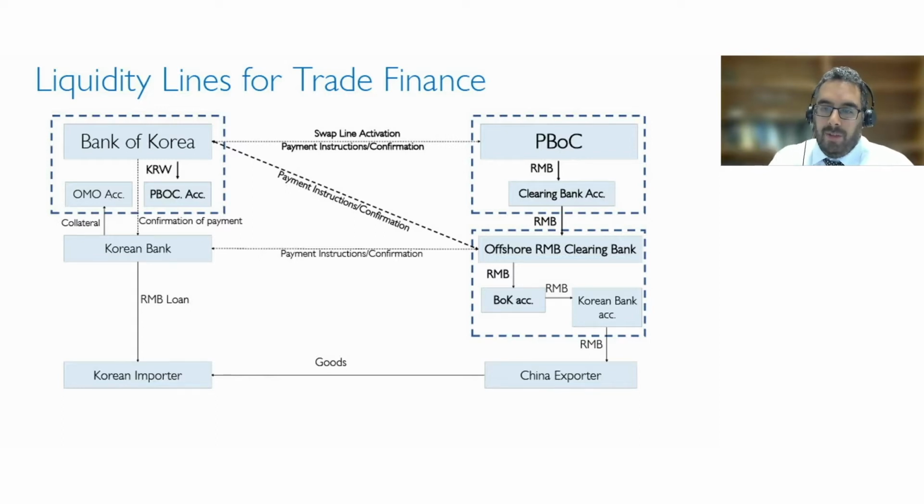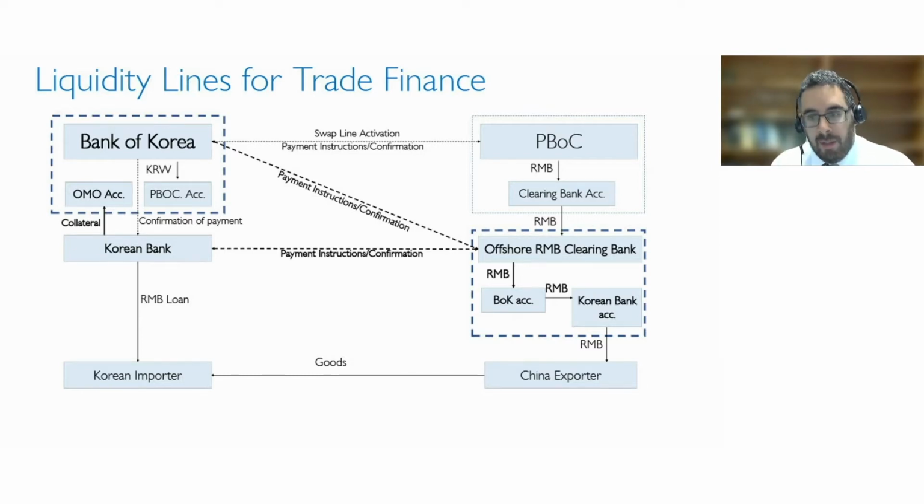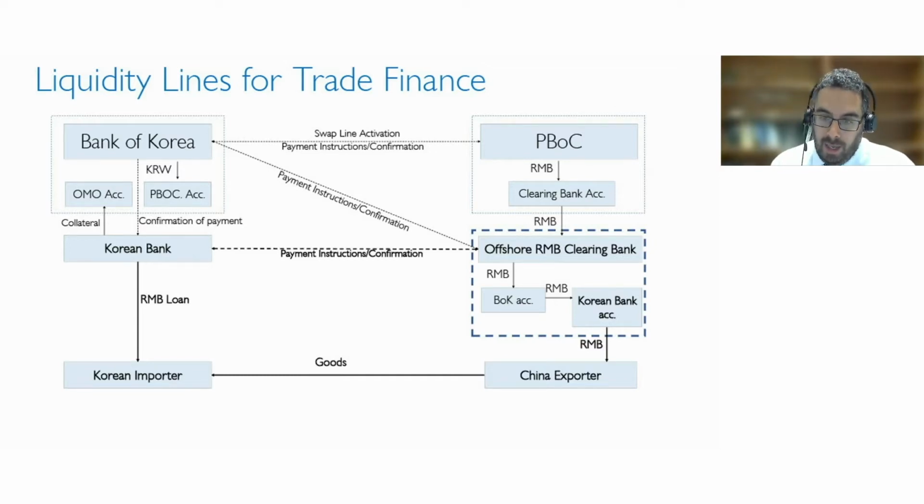So the offshore clearing bank handles the offshore payments to the Bank of Korea, and the Bank of Korea would then conduct an OMO, or an open market operation, or have an RMB lending facility, which it does, to provide this RMB as a loan onwards to a commercial bank in Korea, who would then post some collateral, and then that Korean bank could make an RMB loan to a Korean importer, who could in turn pay for goods from a Chinese exporter. Okay, so that's the way we can imagine these liquidity lines facilitating trade.